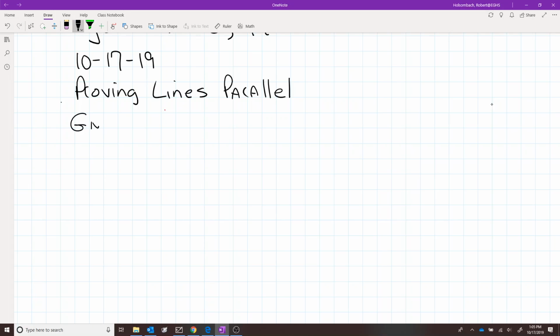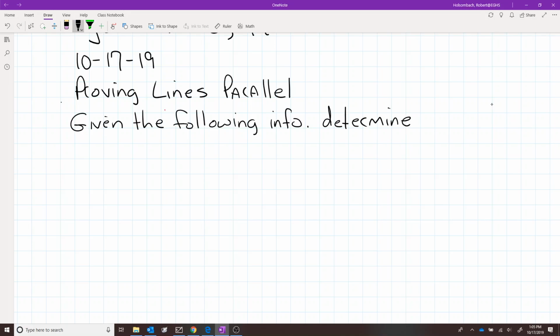So, given the following information, determine which lines are parallel.